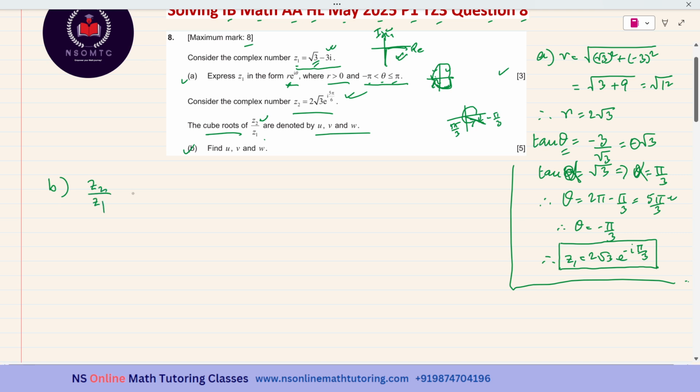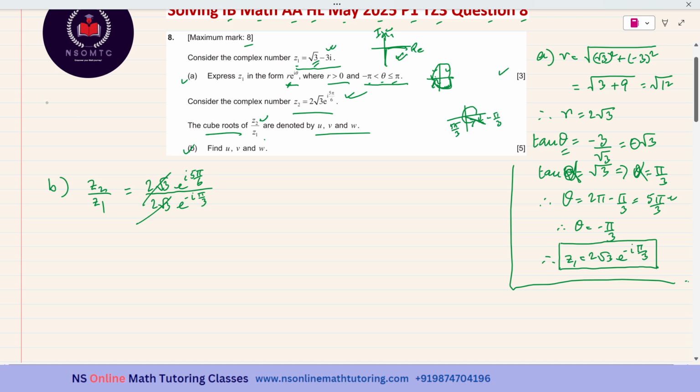Fine. First of all, let us find what is Z2 over Z1. Z2 over Z1 is equal to 2 square root of 3 e to the power of i 5 pi over 6, divided by 2 square root of 3 e to the power of negative i pi over 3. These two will be cancelling and it is 5 pi over 6 minus of minus pi over 3.